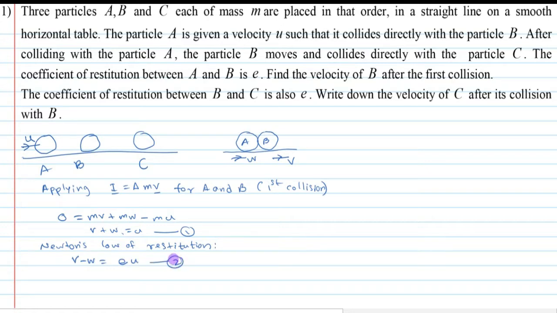This is the second equation. 1 plus 2 implies v equals 1 plus e times u divided by 2.